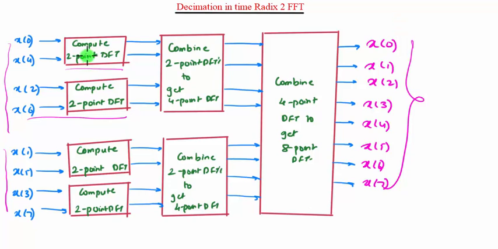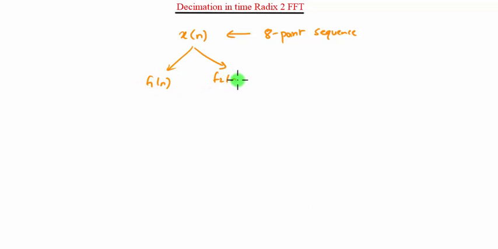Now we will see the steps that will be performed in each block and the formula required to do this. Let us now examine the 8-point DFT. Let us consider x of n as an 8-point sequence. Now we can decimate this into 2 parts, that will be f1 of n and f2 of n.